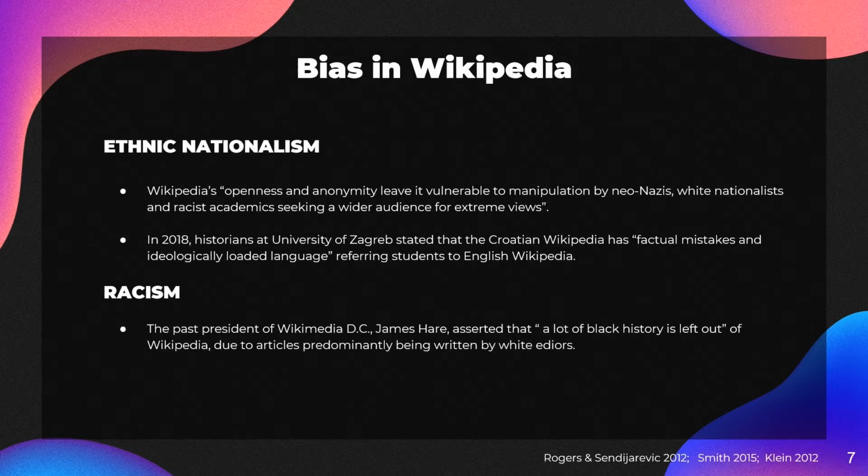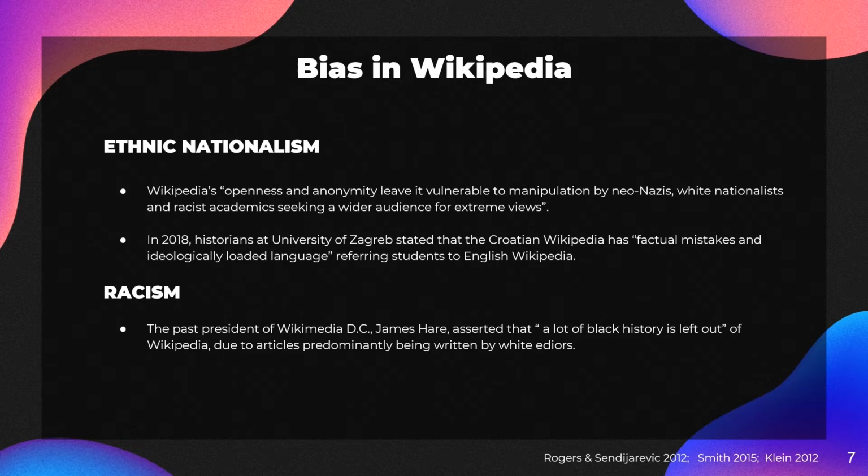Wikipedia's openness and anonymity leave it vulnerable to manipulation by neo-Nazis, white nationalists, and racist academics seeking a wider audience for extreme views. Respective points of view can be attributed to specific sets of editors, resulting in false and misleading content.